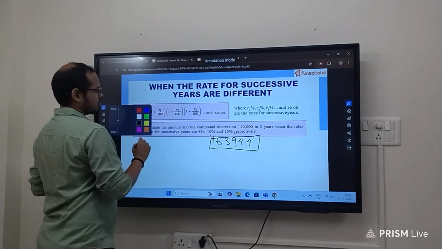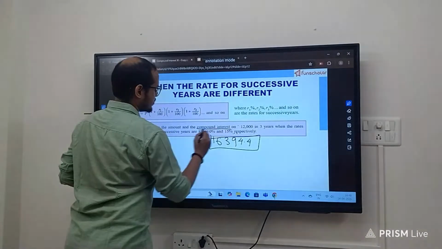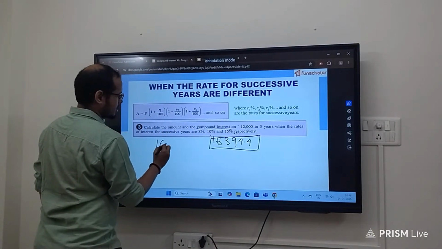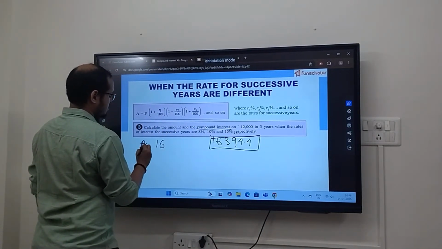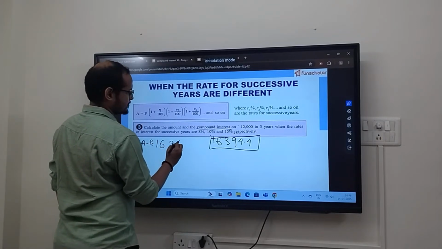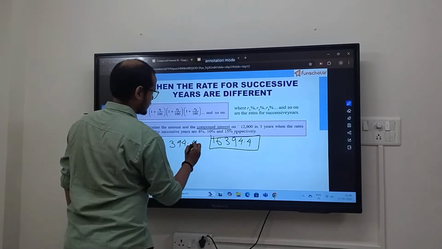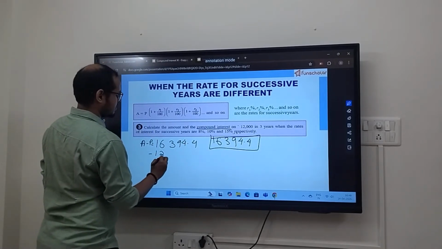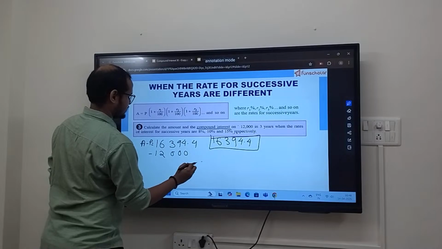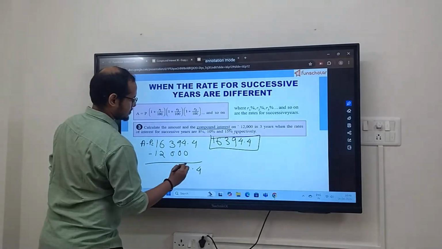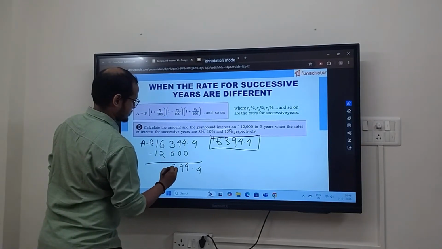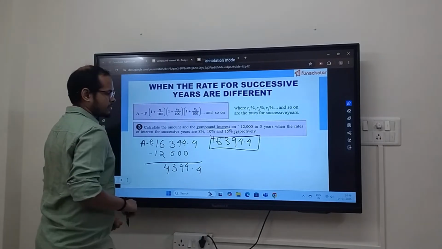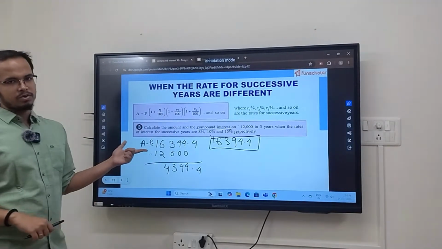If we want to find the compound interest, we have to deduct the principal from the amount. So this is amount minus principal, and this is going to be the answer for this particular sum.